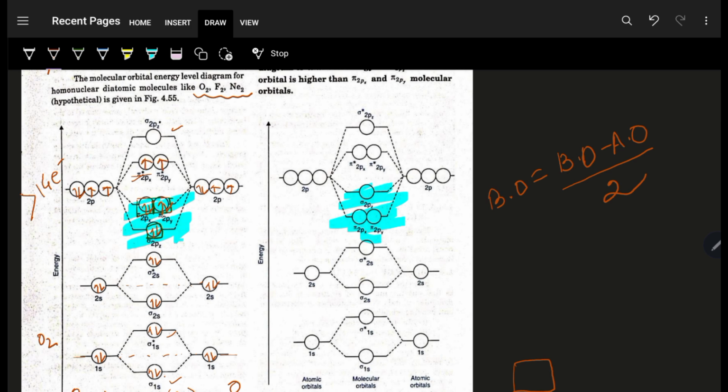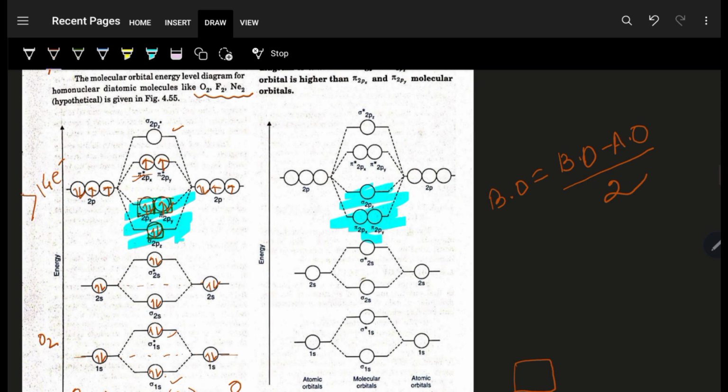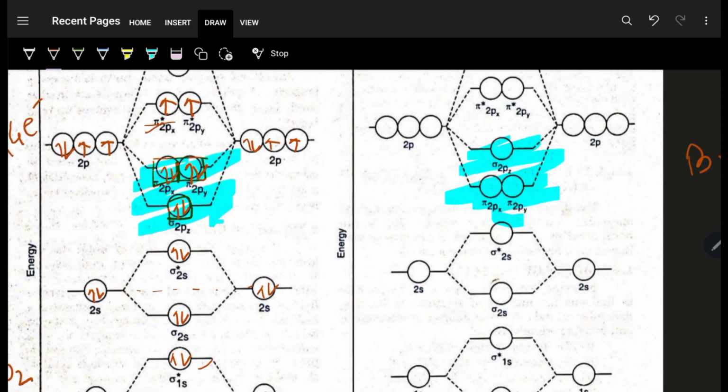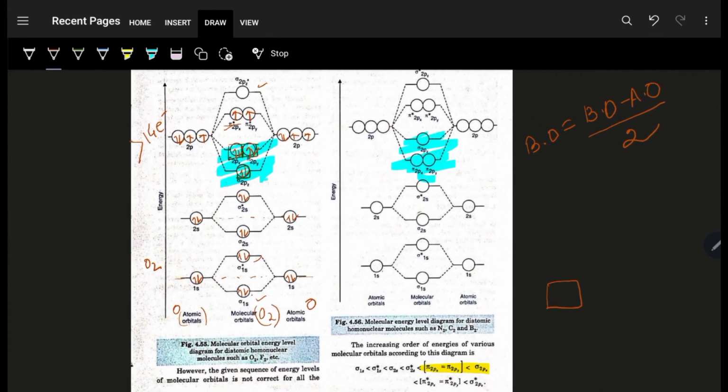When I filled up the degenerate molecular orbitals, I hope you noticed that first I filled both the degenerate molecular orbitals with a single electron and then I paired up. So first it will be singly occupied, then there will be pairing of electrons.